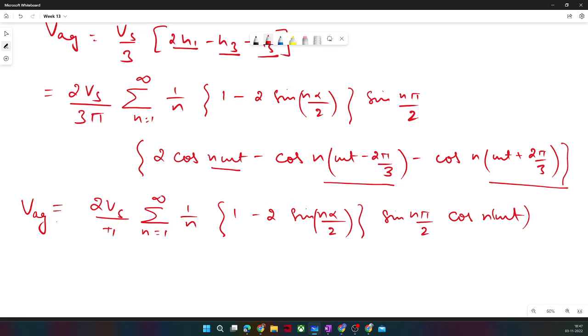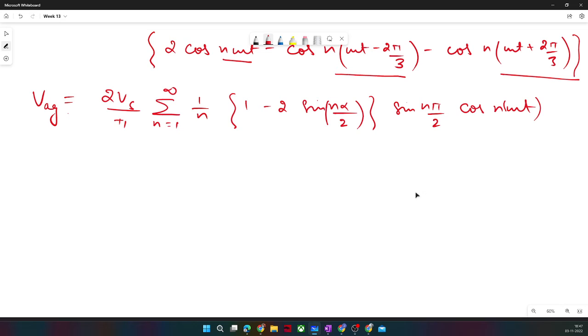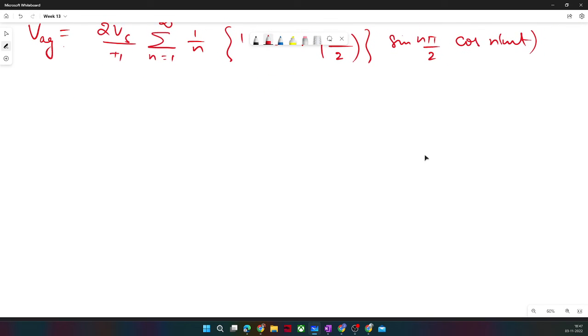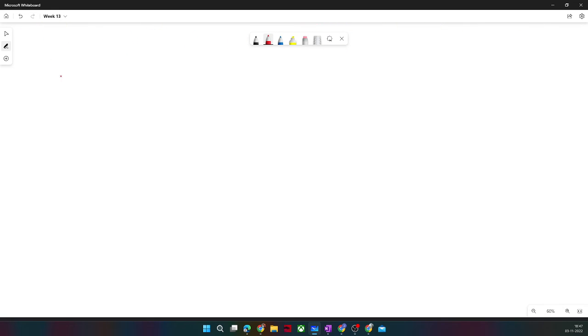And further, we saw one pulse or one notch with PWM. Now we can see with two pulses, and then you can generalize it for multiple pulses. So we will see PWM with two notches.